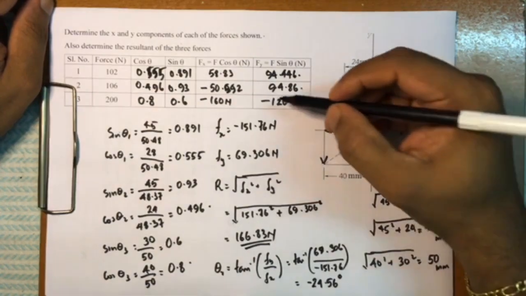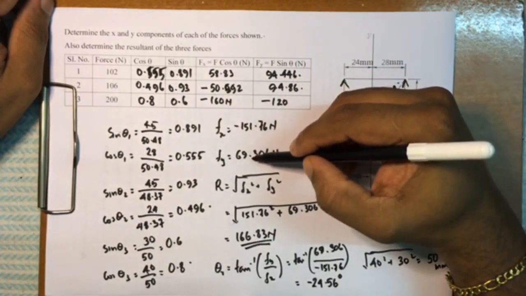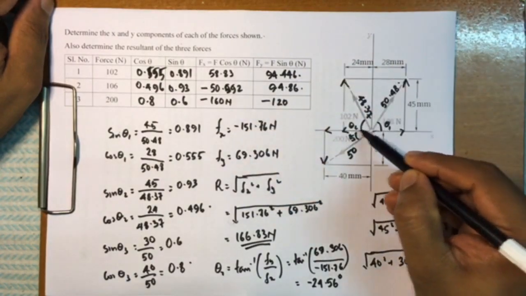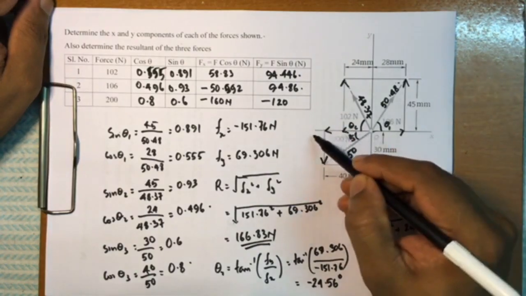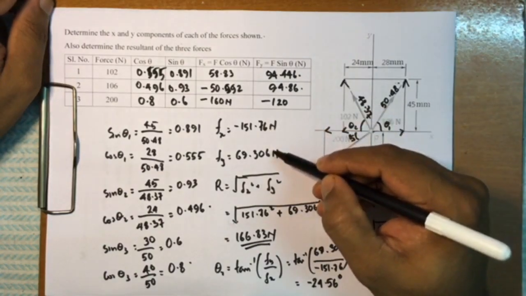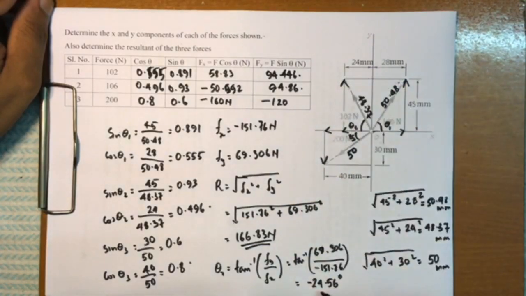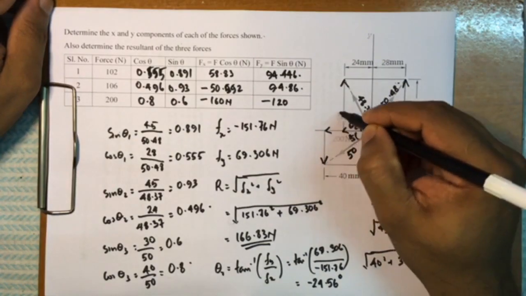Now this is really interesting, this minus sign. All that we have to look at is what was the total Fx and what is the total Fy. If the total Fx is negative, that means the resultant component in the x direction is negative, and Fy is positive, so that means it lies in the second quadrant. So this minus 24 means it is measured from the minus x axis.